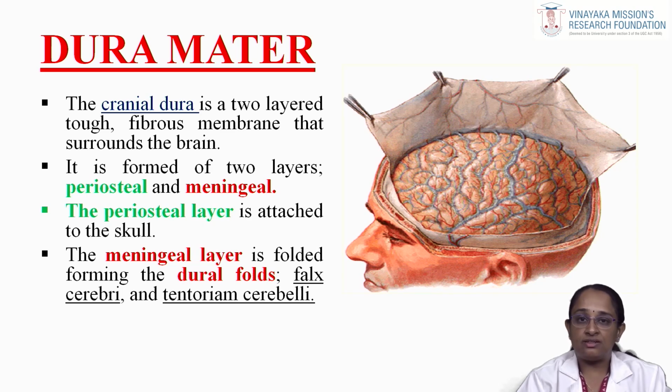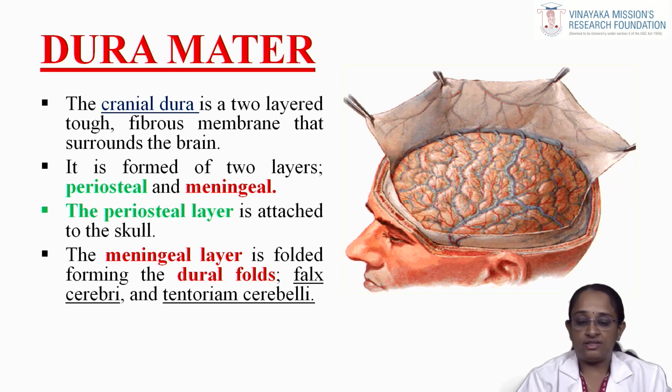For the spinal cord, the dura mater folds are not there. For the brain, the dura mater folds inside the spaces of the cranial cavity. We call these the folds of the dura mater. Actually, it is not the periosteal layer but the meningeal layer of the dura mater which folds inwards and separates the organs inside the cranial cavity.